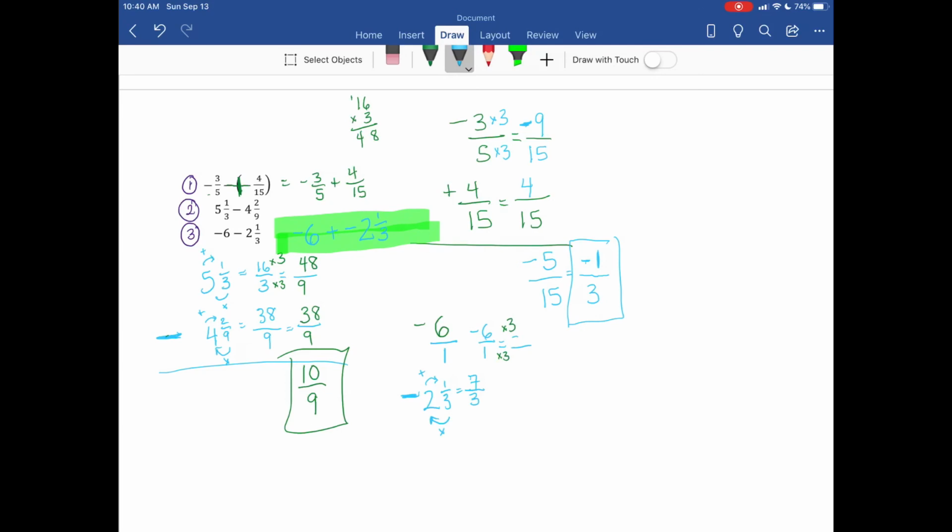So negative 6 times 3 is negative 18. 1 times 3 is 3. So I have negative 18 over 3 minus 7 over 3. Same signs, so I'm going to take the sum. So I have 18 plus 7, and that is negative 25 over 3.